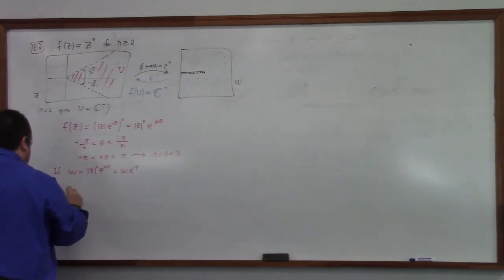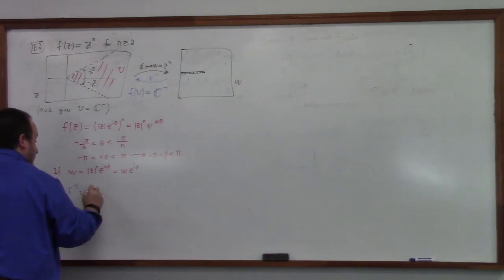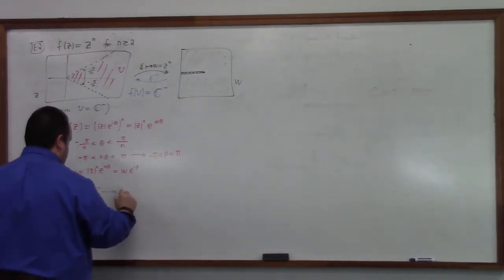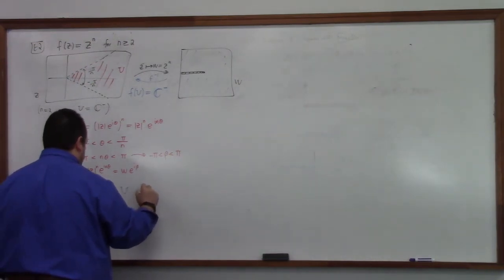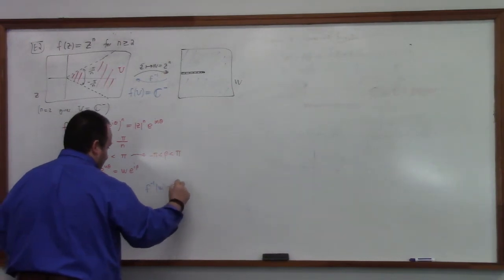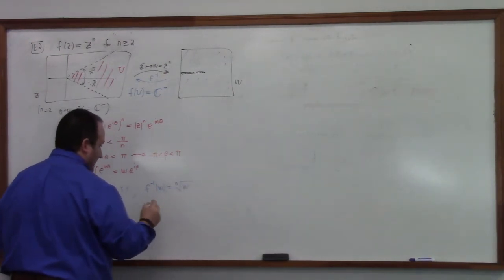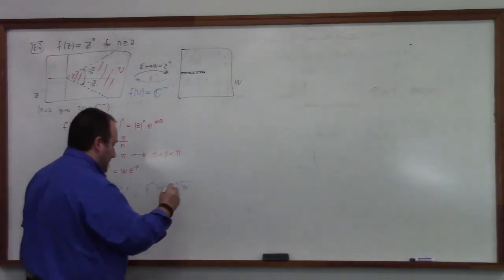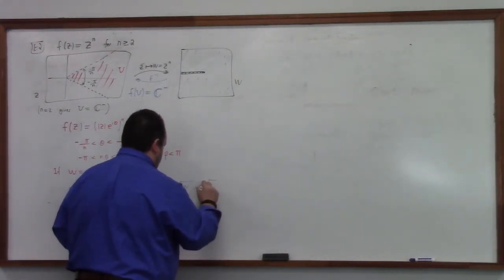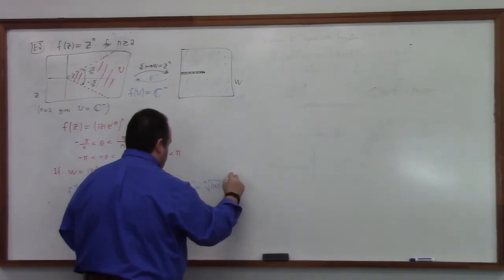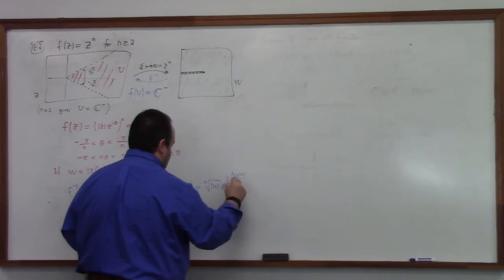So here, f inverse would be a mapping from C minus back to the sector, which I'll call U, by f inverse of w would just be the principal nth root of w. And that makes sense, right? Because this is the nth root of the modulus of w times e to the i arg w over n.